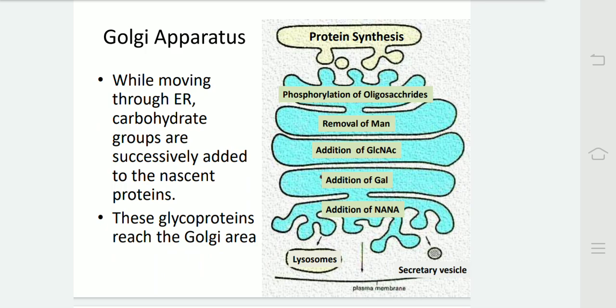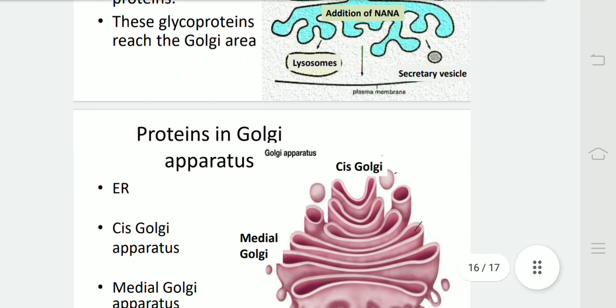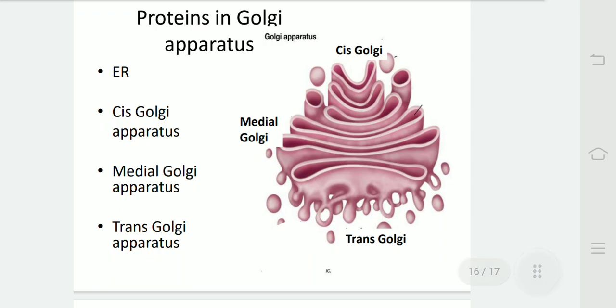The Golgi apparatus is composed of cis, medial, and trans cisternae. The glycoproteins are generally transported from endoplasmic reticulum to cis Golgi or proximal cisternae, then to the medial Golgi or intermediate cisternae, and finally to trans Golgi or distal cisternae for temporary storage.